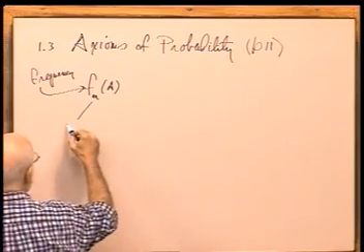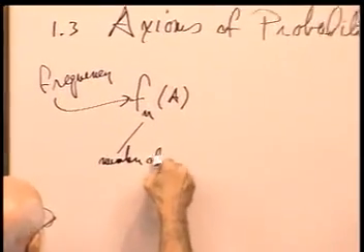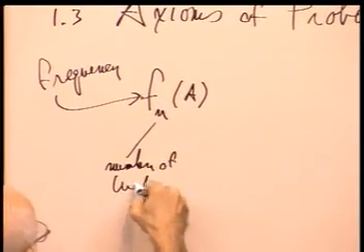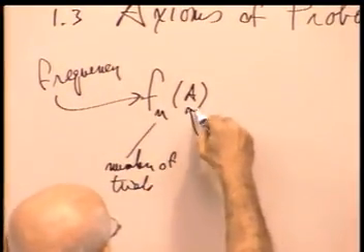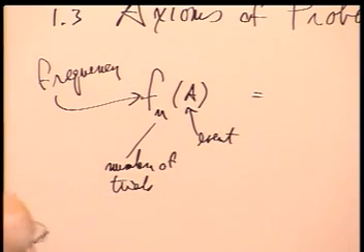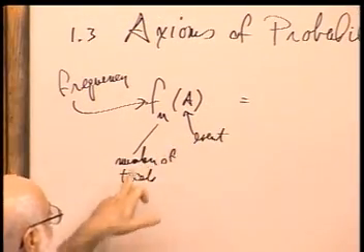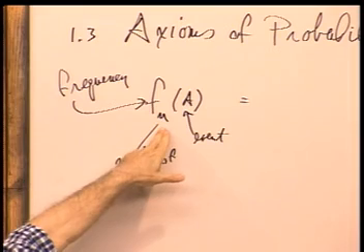And n is the number of trials. And A is the event. So what I'm asking is, what's the frequency with which event A occurs in a certain number n of trials?